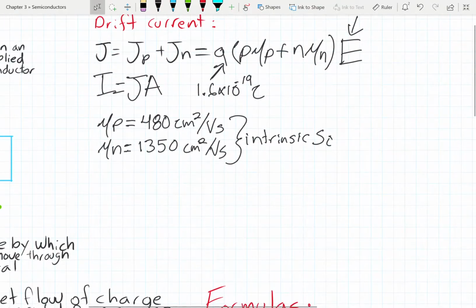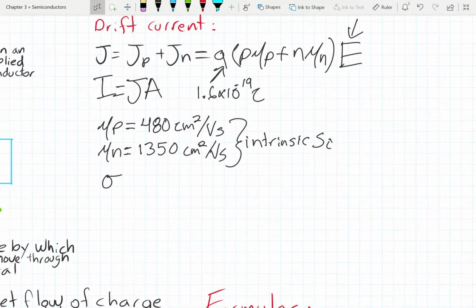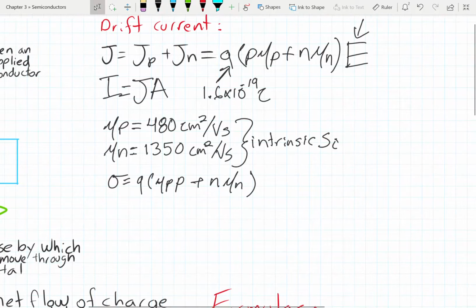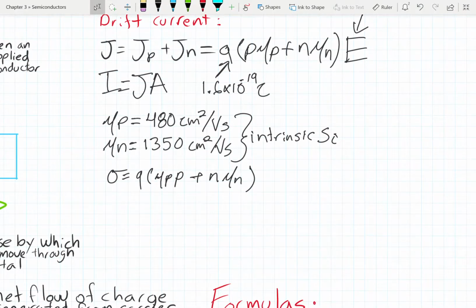Another important thing that you may need to know from this is sigma. Sigma is the conductivity and is equal to the charge times mu p plus n times the mobility of electrons. So the very first part of our previous equation right there is equal to conductivity. So this sigma right here is conductivity.